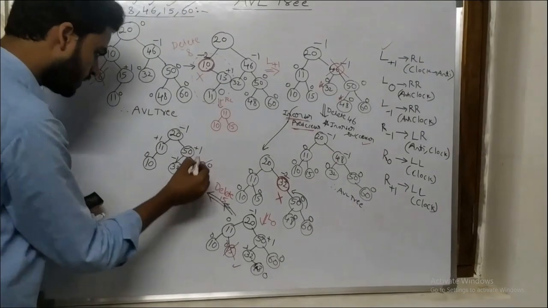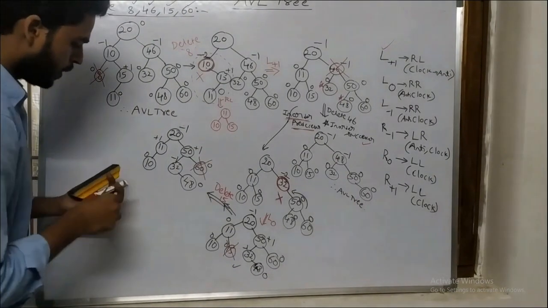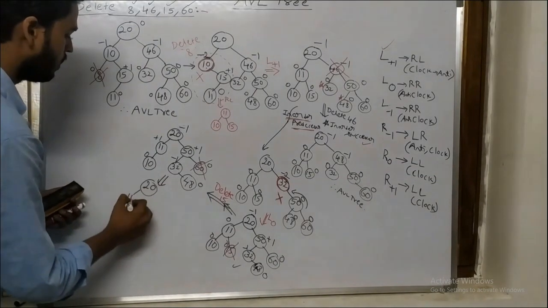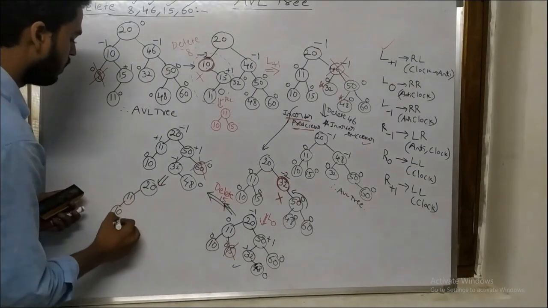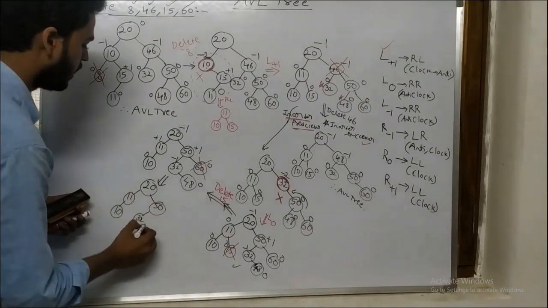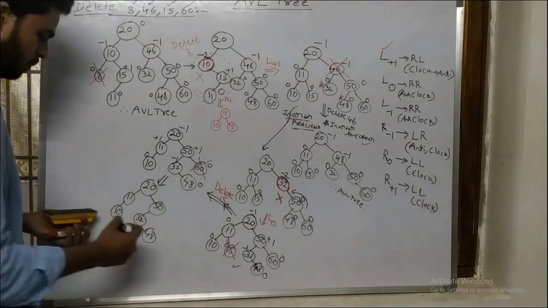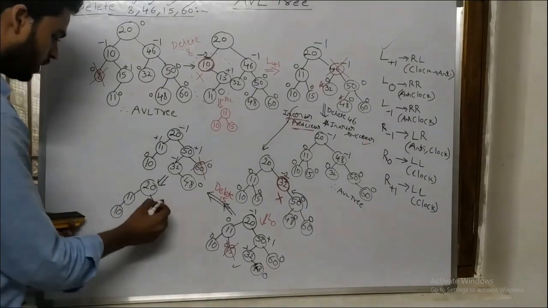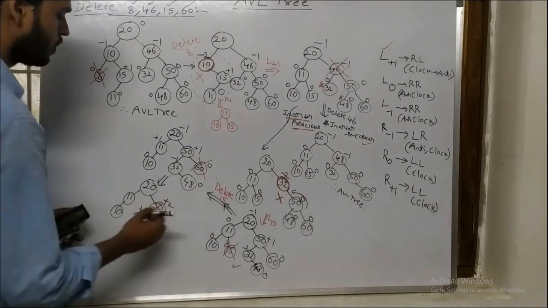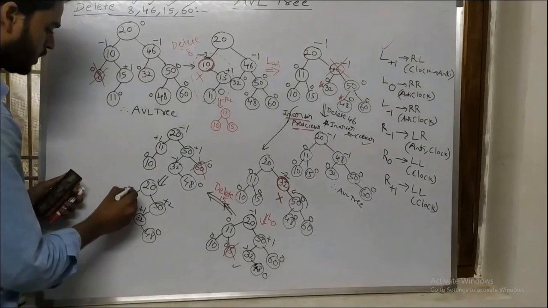Because of deleting 60, my tree may become imbalanced. Just check. 20, 11, 10, 50, 32, 48. Just note down the balance factors: 0, plus 1. Here I got plus 2, right?